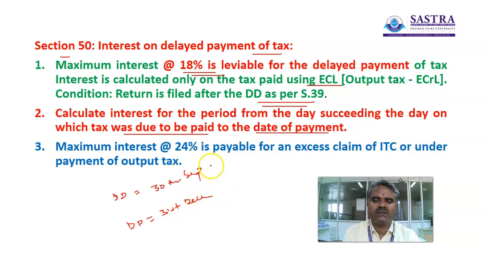So you charge interest from October, November, December, 3 months, because the due date is 30th September and the payment date is 31st December. So you have to calculate interest for 3 months.